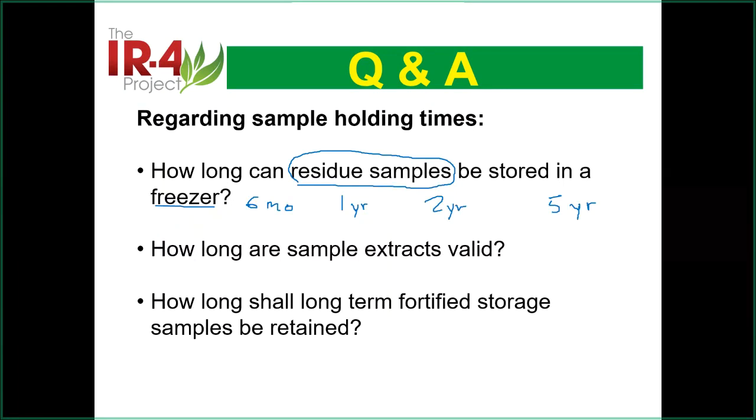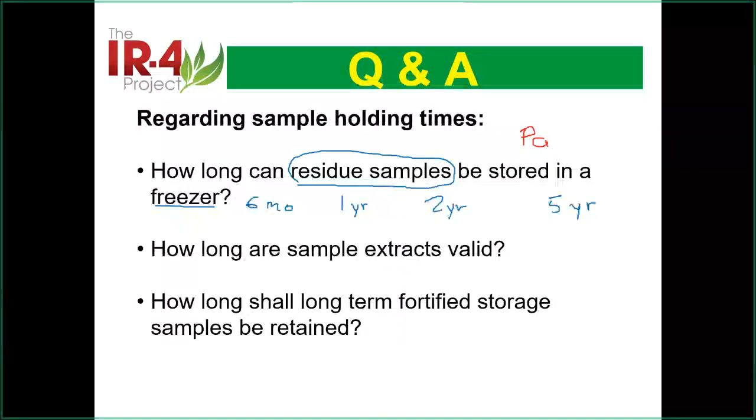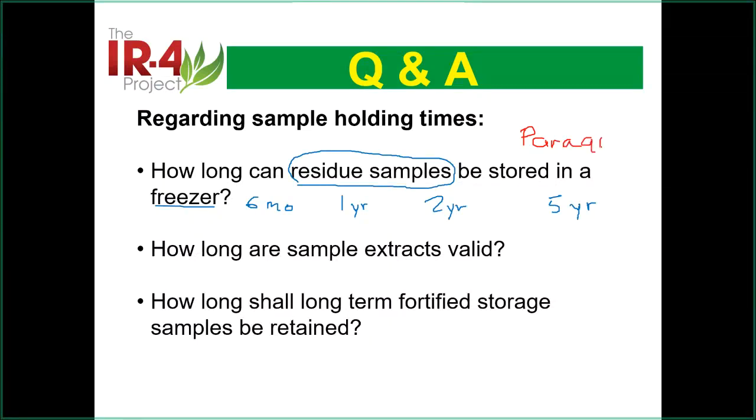So if the chemical is very stable, for example, some kind of salt, if you put it in a plastic container, like paraquat, diquat, this is a special one, paraquat. Okay, 3 to 6 months.